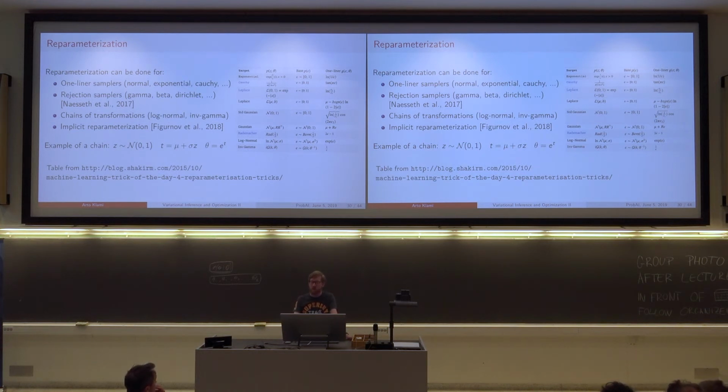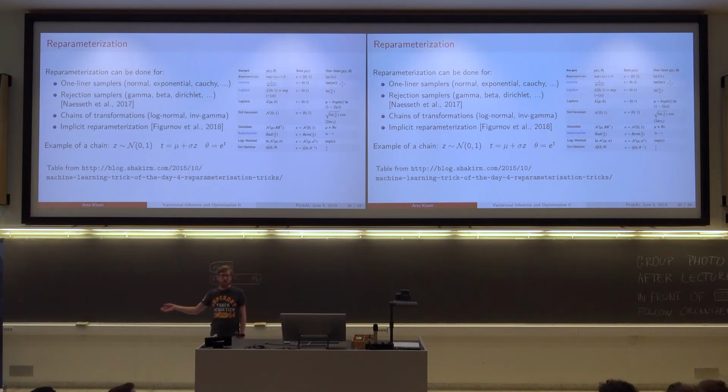For example, an exponential distribution, you first sample from a uniform distribution between 0 and 1, and then you output logarithm of 1 over this value. Cauchy, sample from the same distribution, you output tangent of pi times that value.